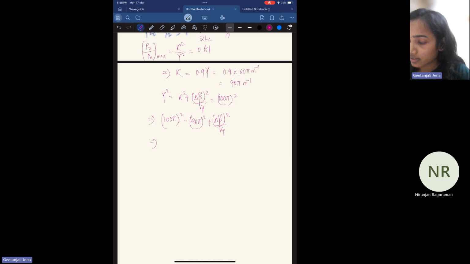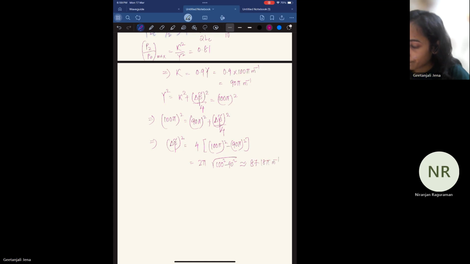Gamma is 100 pi and kappa is 90 pi. So just rearrange the terms. Delta beta square is 4 times (100 pi square minus 90 pi square). This will give delta beta as 2 pi times the square root of 100 square minus 90 square, which will be 87.85. This is the value of delta beta tilde.